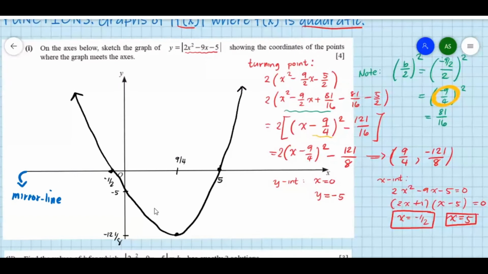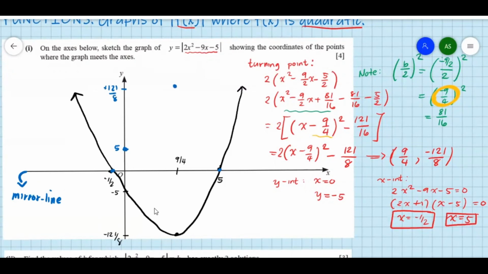So therefore, the values from negative 1 over 2 to positive 5 will be reflected with respect to the mirror line, or with respect to your x-axis. So that means your negative 5 will become positive 5. It will be reflected up here. And your 9 over 4, negative 121 over 8 will become 9 over 4, positive 121 over 8. So this one will go up here.